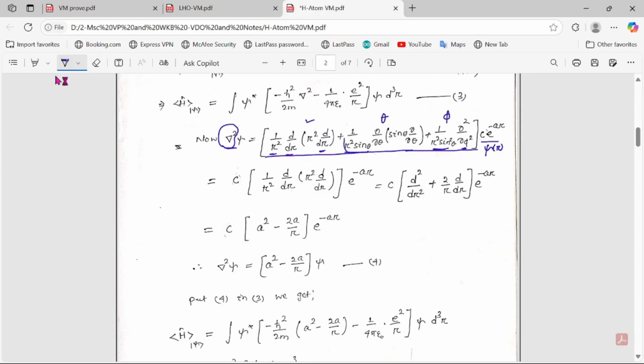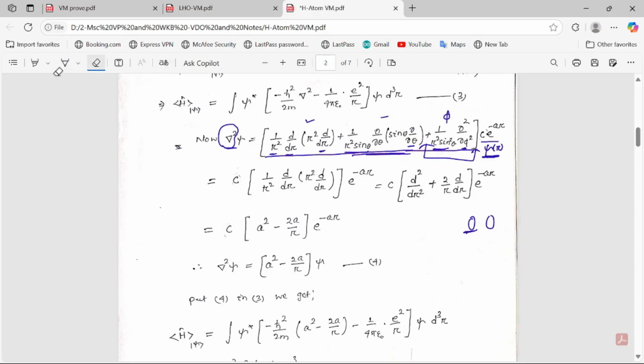Whenever this theta factor is operated over psi, the value will be 0, because del by del theta is there, but psi does not contain the theta part. Likewise, when the phi term is operated over psi of r, we also get 0, because psi is only a function of r, not phi.